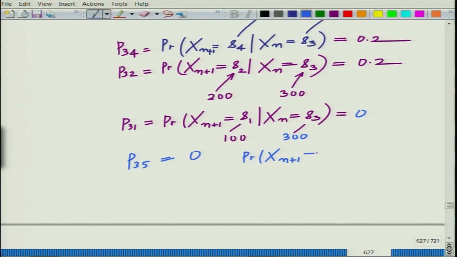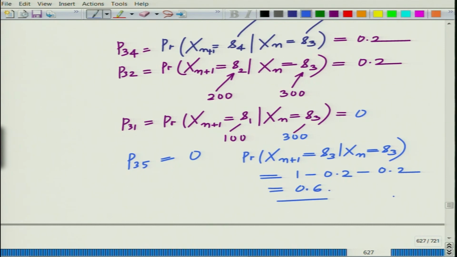Now, if you look at the probability x n plus 1 equal to S3 given x n equal to S3, remember all the probabilities have to add up to 1. So, this is 1 minus 0.2 minus 0.2 equals 0.6. So on and so forth, you can compute all the transition probabilities.